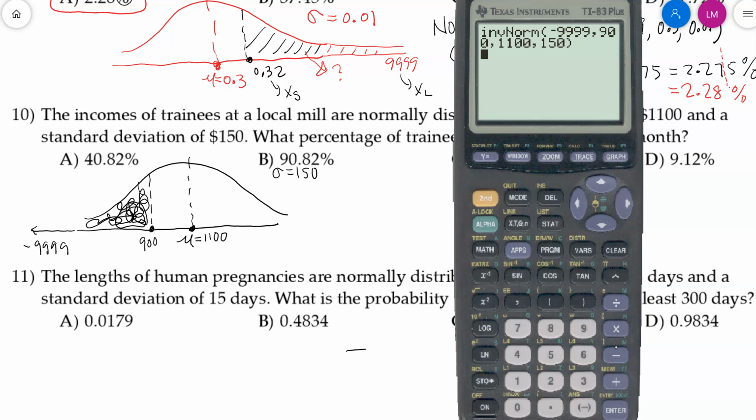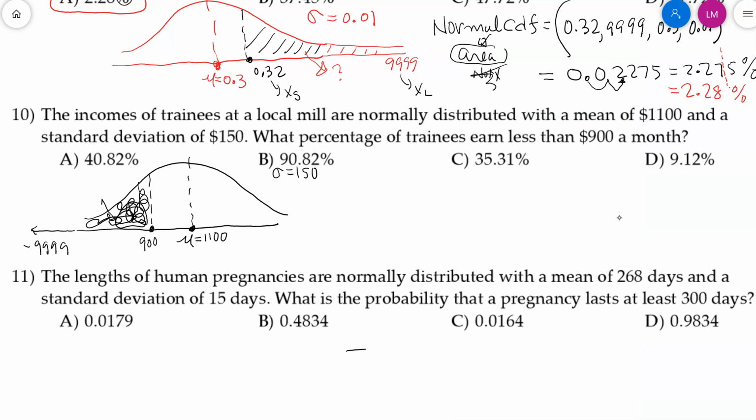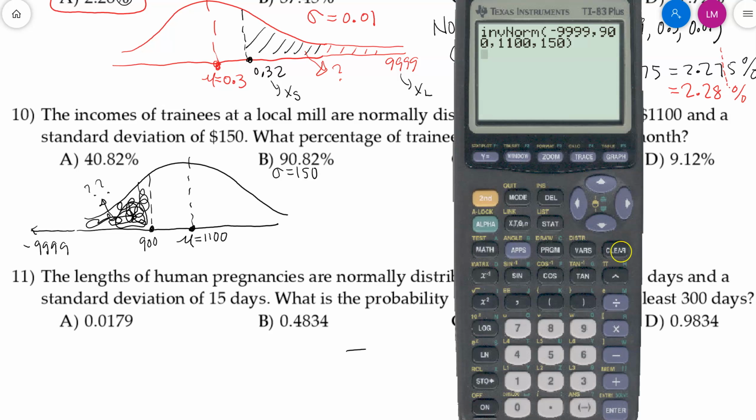Oh, it's not inverse norm. It is norm CDF, because we're trying to find the percentage, the area. So clear and do it again. Second, distribution, go to number 2. Negative 9999, and then 900, then 1100, and then sigma is 150.